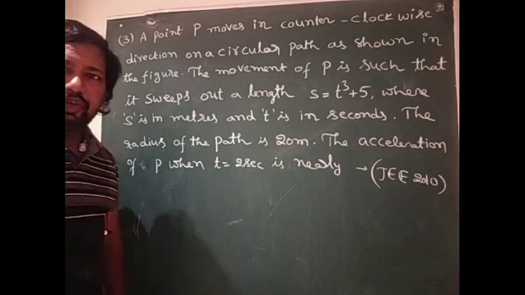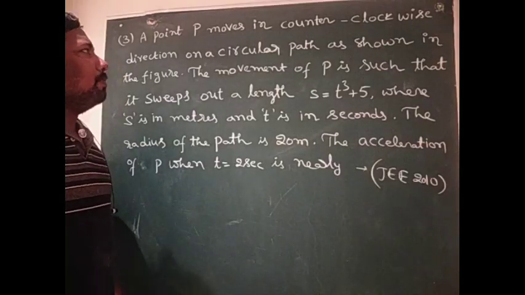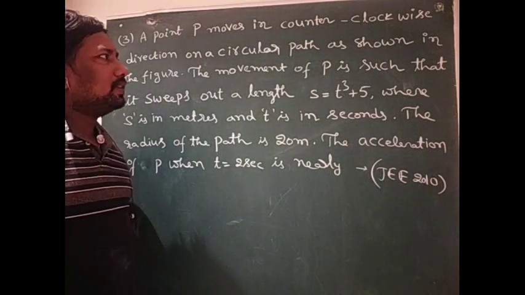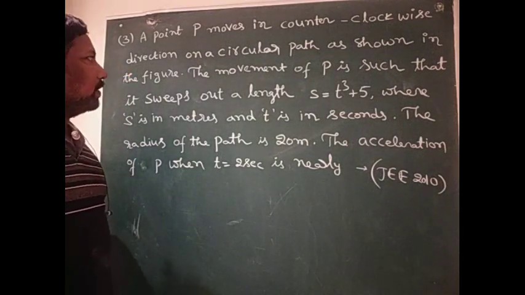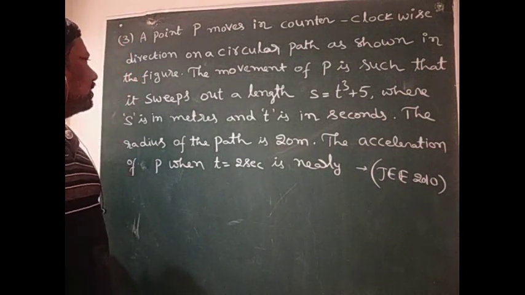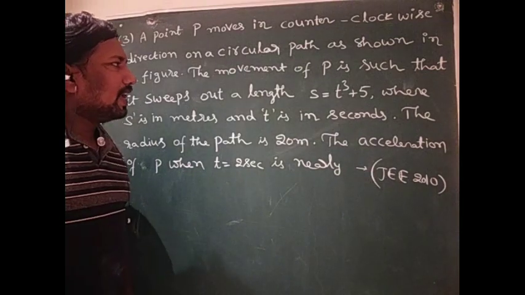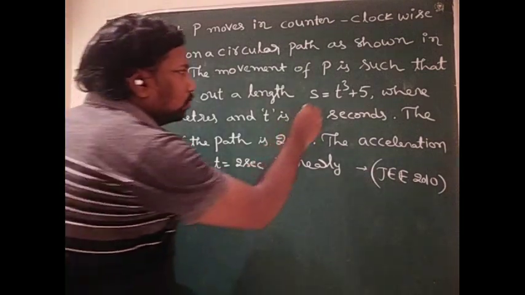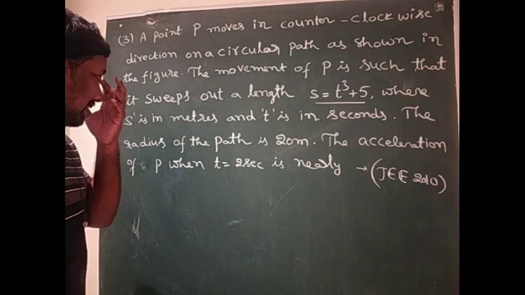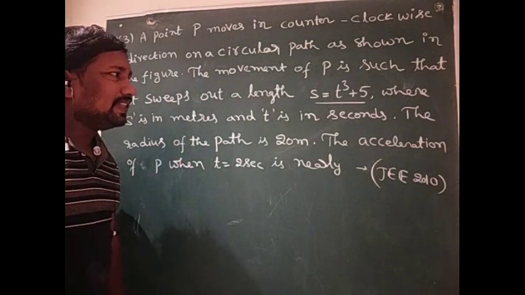Problem number 3. A point P moves in a counterclockwise direction on a circular path as shown in the figure. The movement of P is such that it sweeps out a length S equal to t cube plus 5, where S is in meters and t is in seconds.